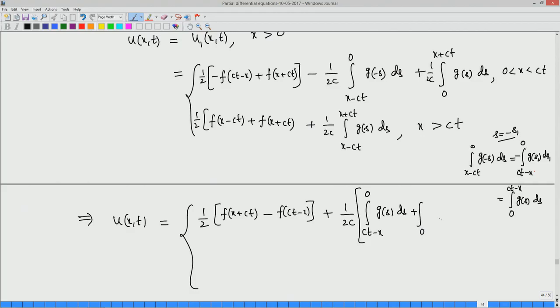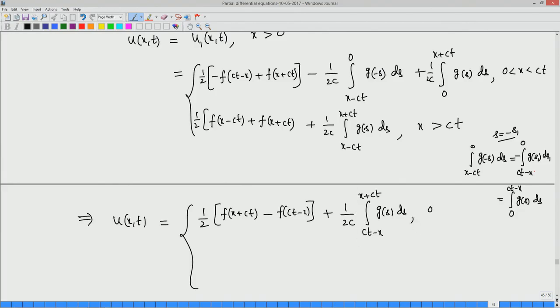So, you can combine it. So, you have 0 to x plus Ct of g of s ds. So, this together you can combine and say x plus Ct.